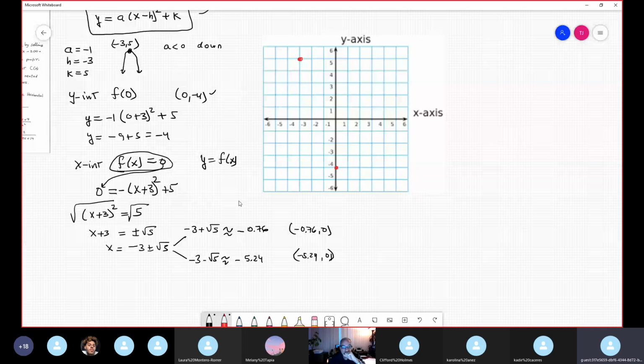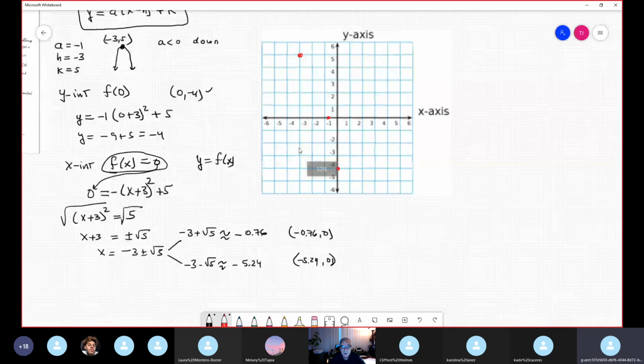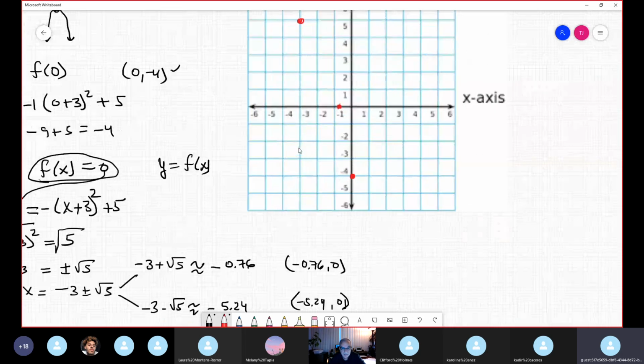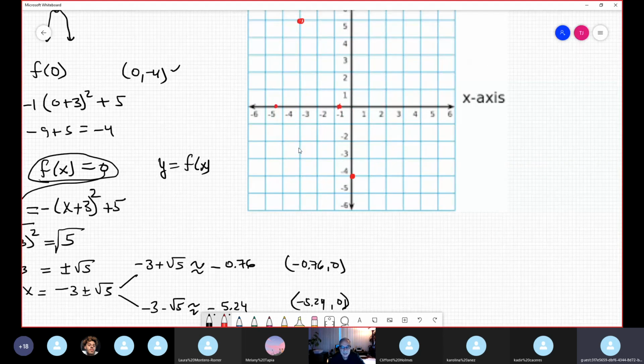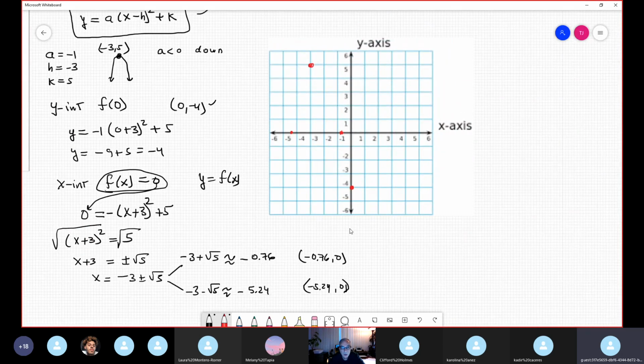It also passes through the famous point -0.76, using my imagination, approximately here. Doing it exactly by hand is crazy. And -5 point something is -5.24, approximately like that. Okay, that's it. No, because we can find one additional point.